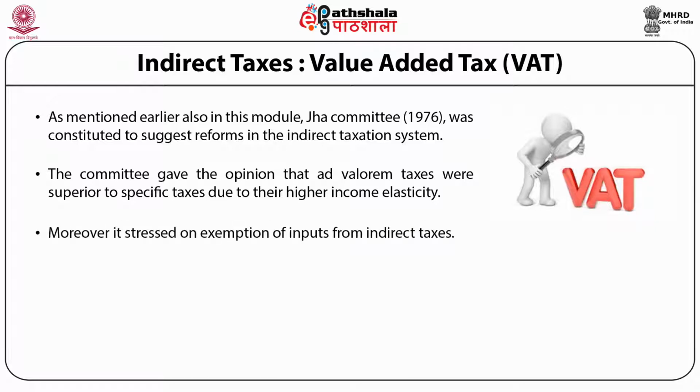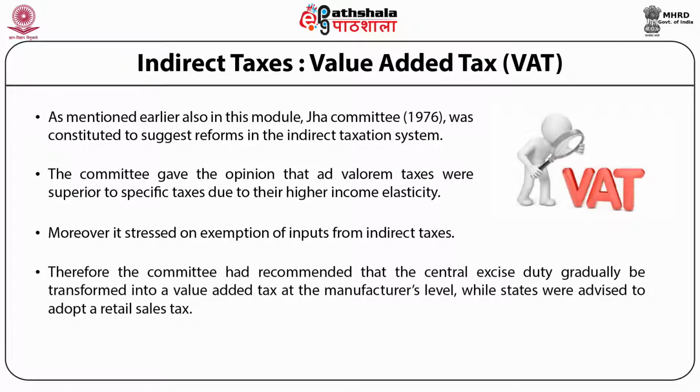Moreover, it stressed on exemption of inputs from indirect taxes. Therefore, the committee had recommended that the central excise duty gradually be transformed into a value-added tax at the manufacturer level, while states were advised to adopt a retail sales tax.